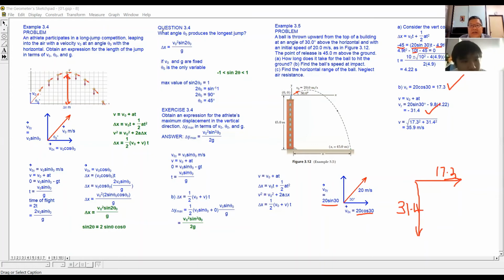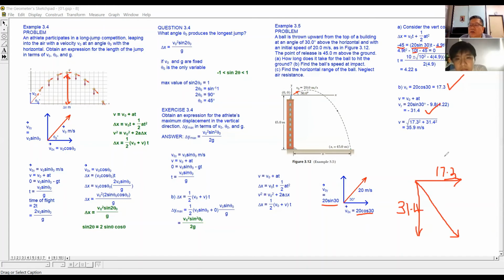For the combined speed of the ball, you have to use Pythagoras theorem to merge these two components together. These two are the sides of a triangle, and the true velocity of the ball is the hypotenuse of the triangle.